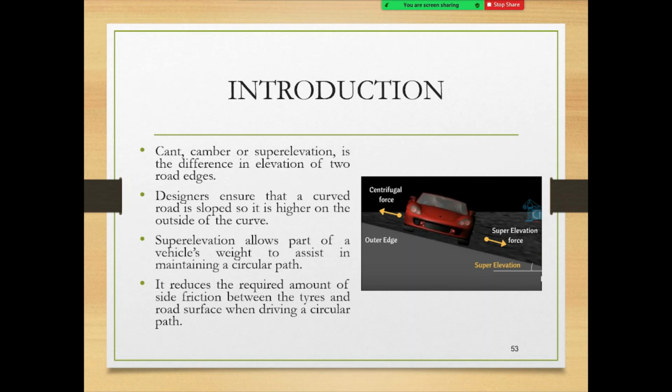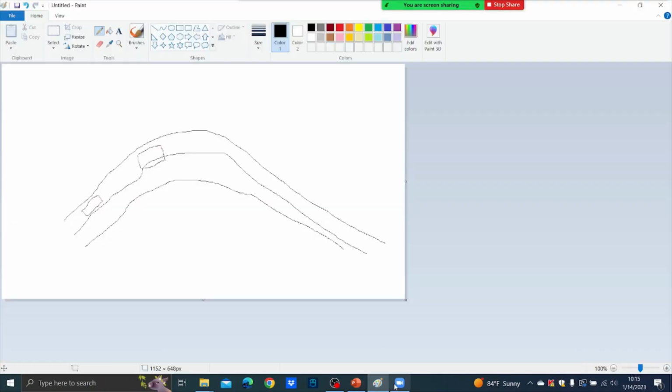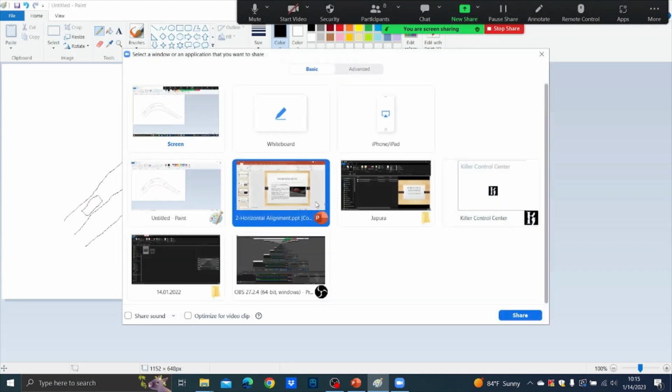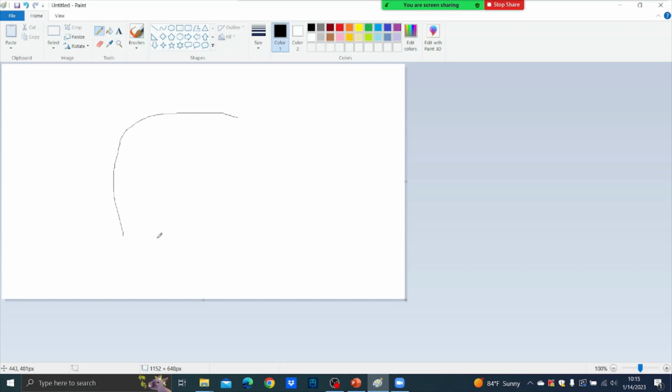When it comes to a curve, shall I draw? Now if I draw a curve, my drawings are not very proper, right?